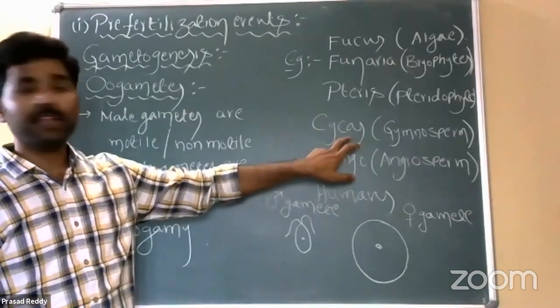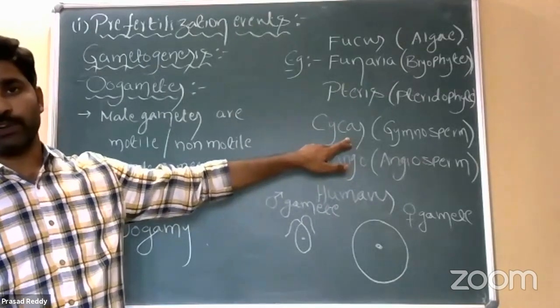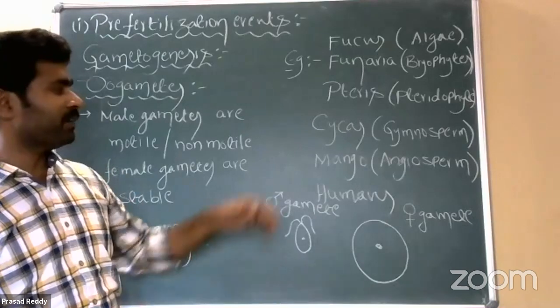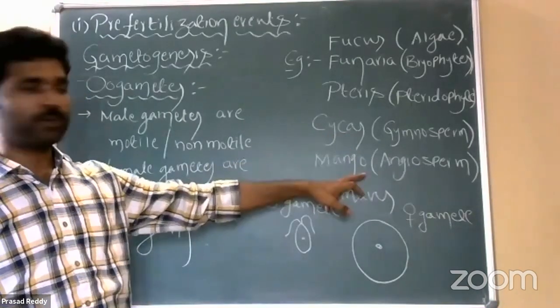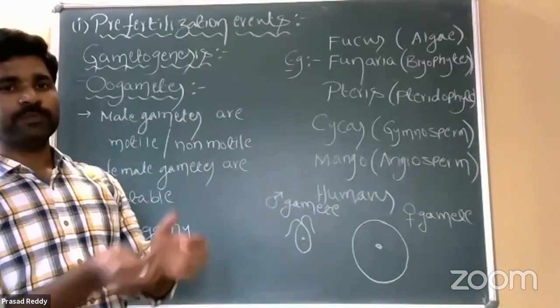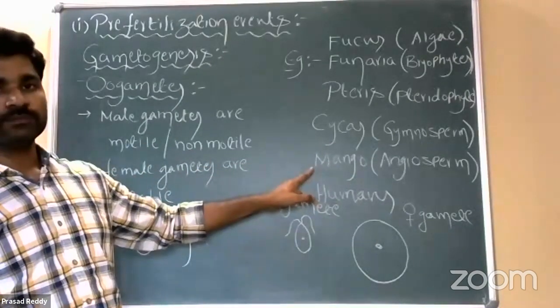With the help of the pollen tube only. Through the pollen tube, the pollen grain carries male gametes towards the female gamete.